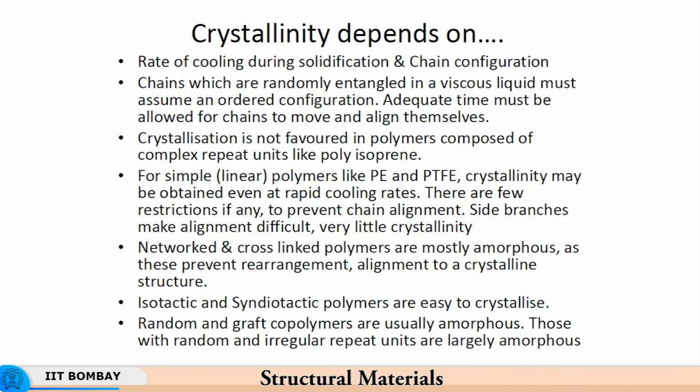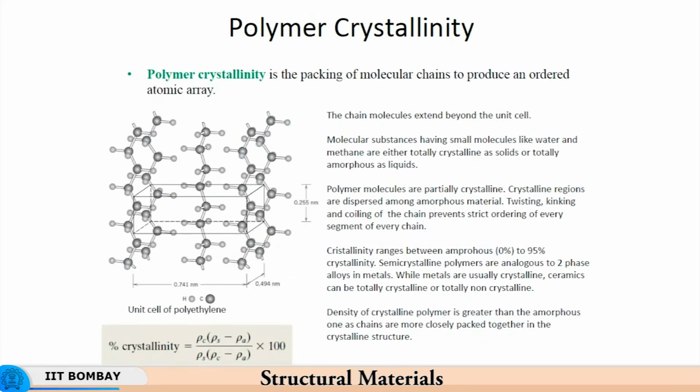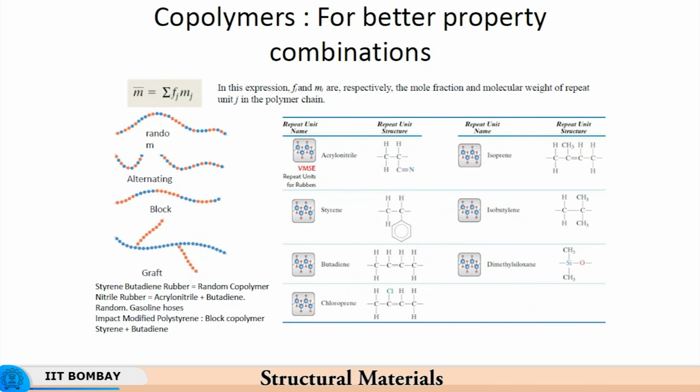Random and graft copolymers are usually amorphous. So here let's see that structure again. This is a random arrangement of polymer and copolymer, and this is the graft structure. So this is the one polymer, and the copolymer is, let's say, grafted onto the main polymer.